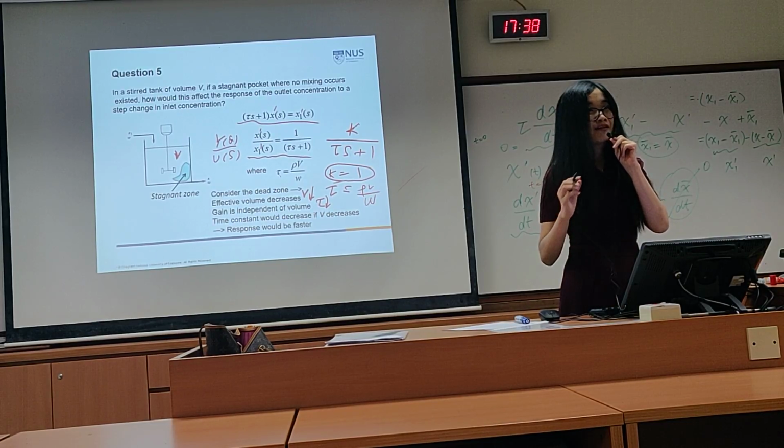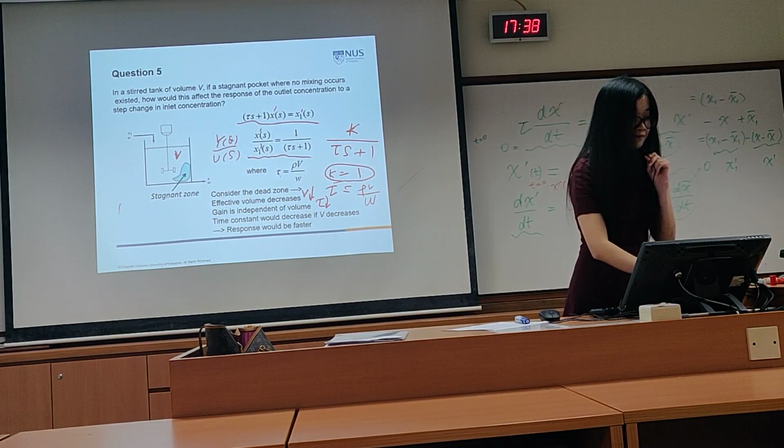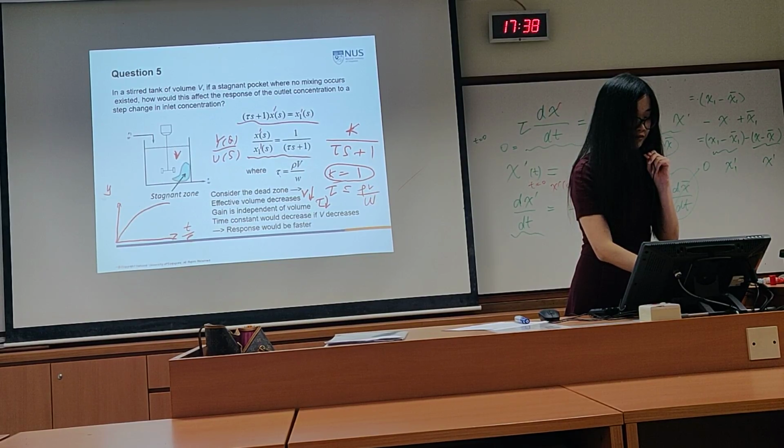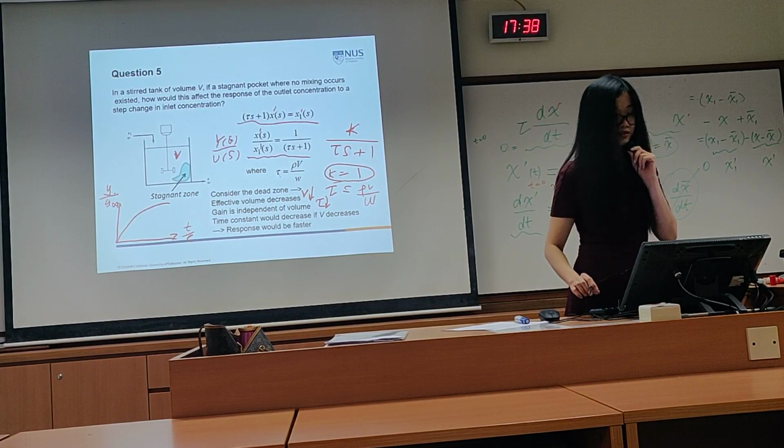So if you recall what we drew earlier for the system response figure, for this first order process, we have t over tau and Y over K m, or Y over Y infinity.